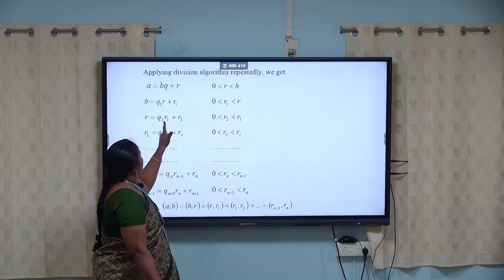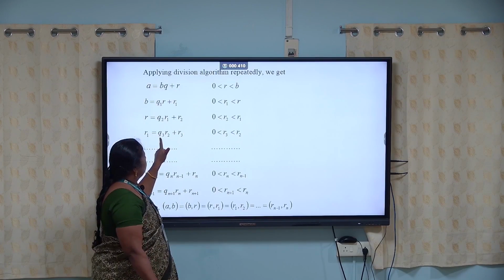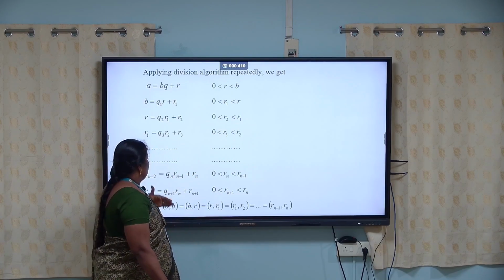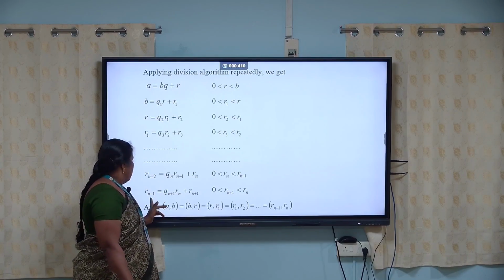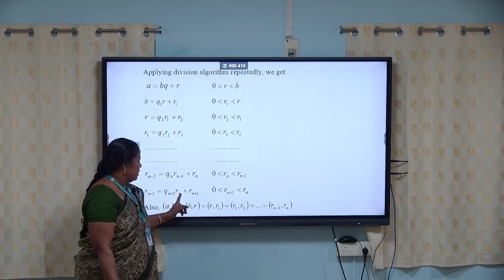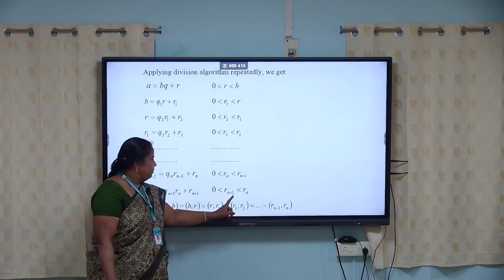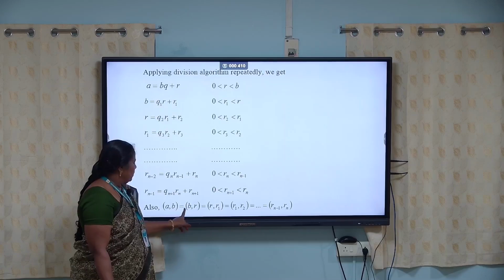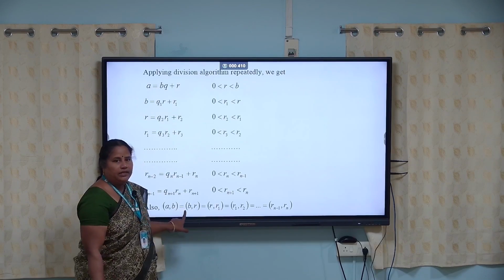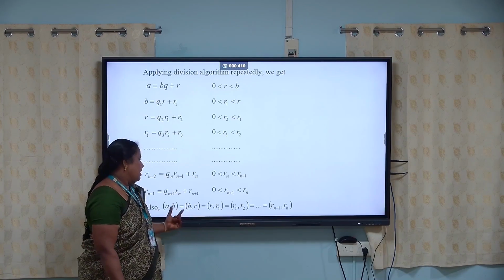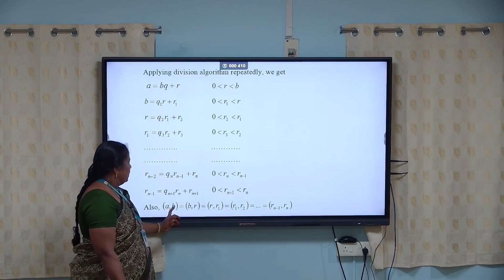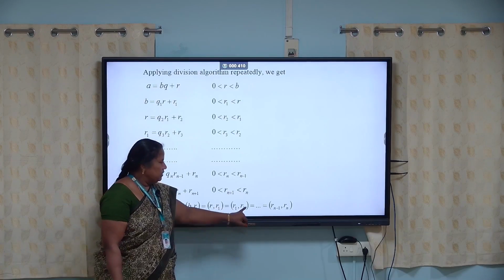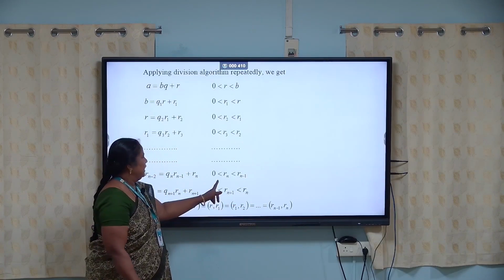And we take r1 and r2: r1 is equal to q3r2 plus r3, where r3 lies between 0 and r2, and so on. Finally, we can write rn minus 1 equal to qn plus 1 rn plus rn plus 1, where rn plus 1 lies between 0 and rn. Also, we have proved the first part, HCF of a and b is equal to HCF of b and r. So this is also true: HCF of (a, b) equal to HCF of (b, r) equal to HCF of (rn minus 1, rn).